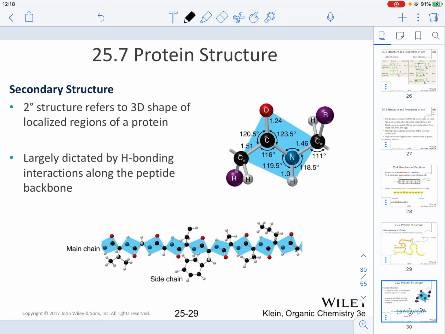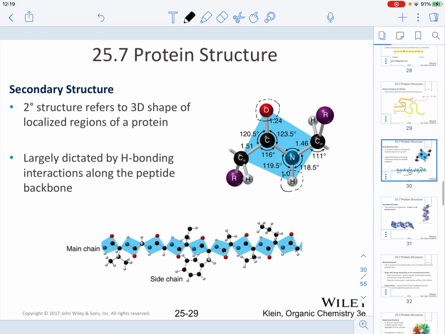What this means is that the interactions are occurring between the oxygen in the carbonyl of the peptide and the hydrogen of an NH group down the road. It's not going to be the ones that are neighboring, but just imagine that the hydrogen from a residue further down from that oxygen is the one that they're going to be interacting with.